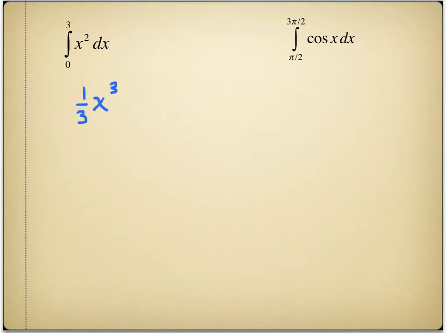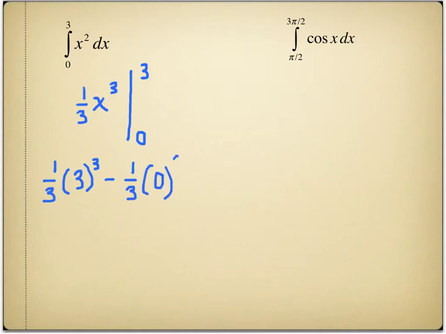So that's my antiderivative, and then I evaluate it between these two values. A lot of times I'll draw that straight line like that, or put a 3 and a 0. So then I just evaluate it like this. I put the 3 in place of x, and then I have to subtract, and then I put the 0 in place of x like this.